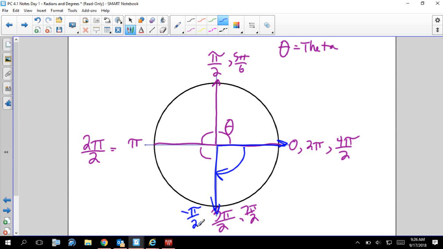All right, so those were the pi over 2s. I took the top half and divided it by 2. Oh, and what degrees are each of these? Visually, you should say 90. If you know that pi is 180 degrees, then pi divided by 2 has got to be 90 degrees.